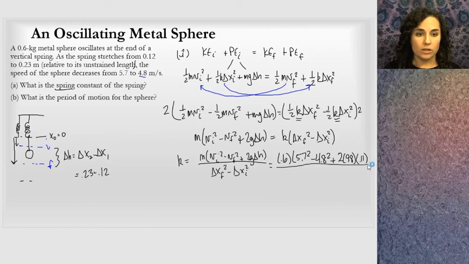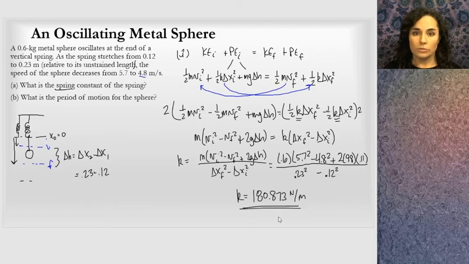I'll divide on the bottom by 0.23 squared minus 0.12 squared. Notice I have to square them and then subtract them. Don't subtract them and then square them. That's not the same mathematical operation. When I run all of this through the calculator, I get k is 180.873, and the units on that will be newtons per meter. And that will be the k value. So I've solved for the spring constant.